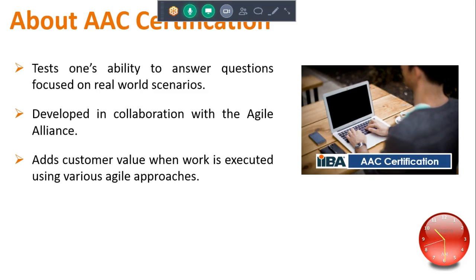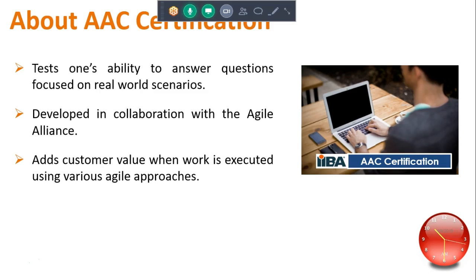IIBA, while it stands on its own, has also been looking at the business analysis space and said, we are the business analysis people, the Agile Alliance people, the Scrum people are Agile people, and we can't ignore them. So our best advice would be to collaborate with those people and say, you guys know about Agile, we know about business analysis. Let's get together and say, how do we merge these two?